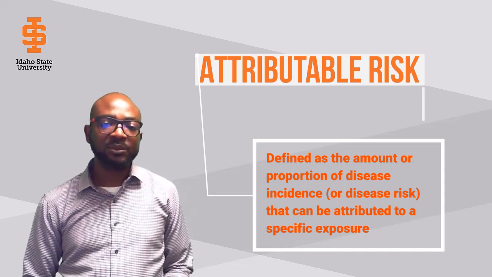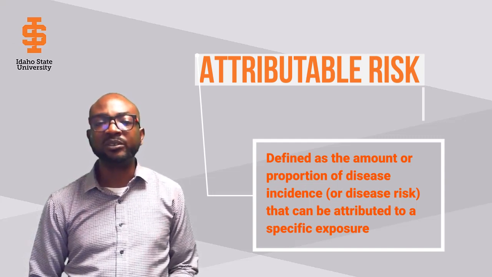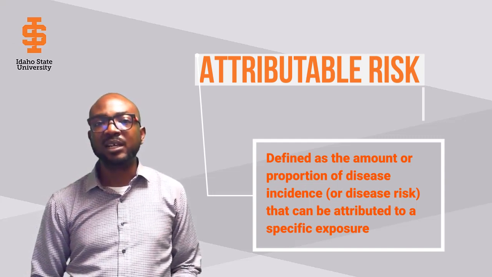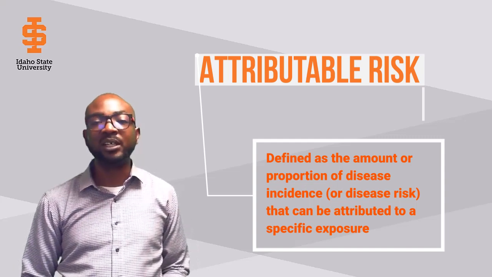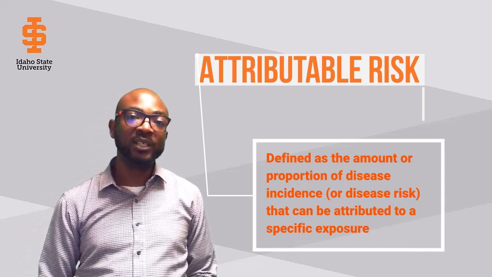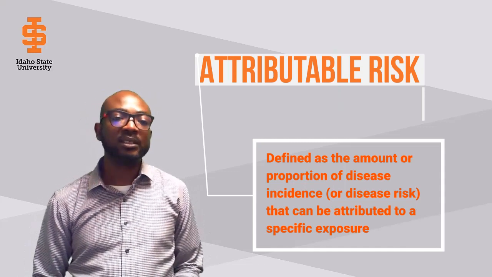We can calculate the attributable risk for exposed persons or the attributable risk for the total population, which includes both exposed and non-exposed persons. If we want to know how much of the total risk in exposed persons is due to the exposure, we should subtract the background risk from the total risk.